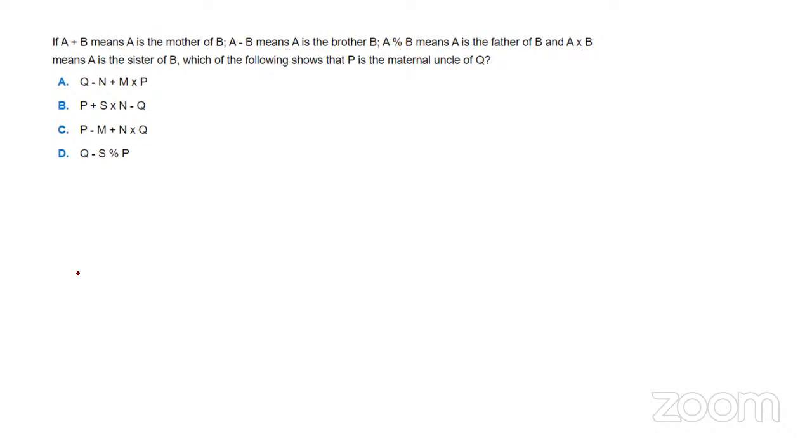Okay, so I just want to get into more detail about this, because there are some shortcuts that you can use when you get these kinds of questions. For example, whenever you have the symbol A plus B, we can clearly say that A is the mother of B, right? That means I can say A is a female.